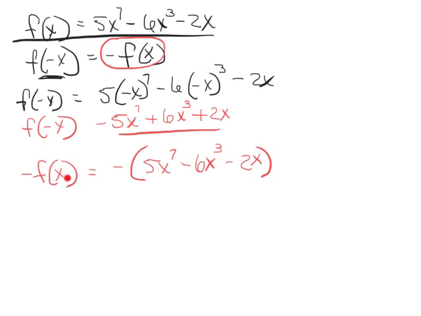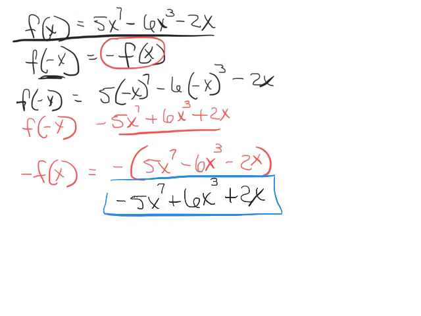That's what this means. F of x, we're going to put negative. So that equals negative 5x to the 7th plus 6x cubed plus 2x. So negative f of x and f of negative x are the same. So therefore, our function is odd.